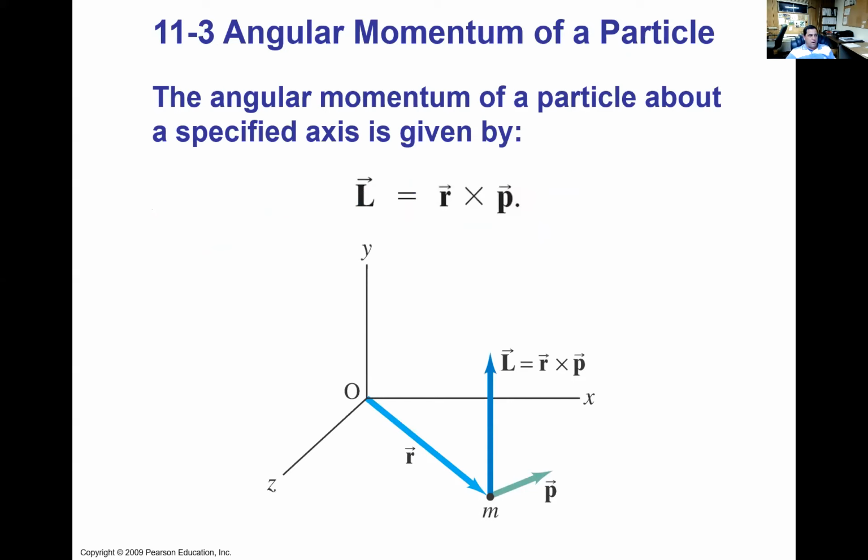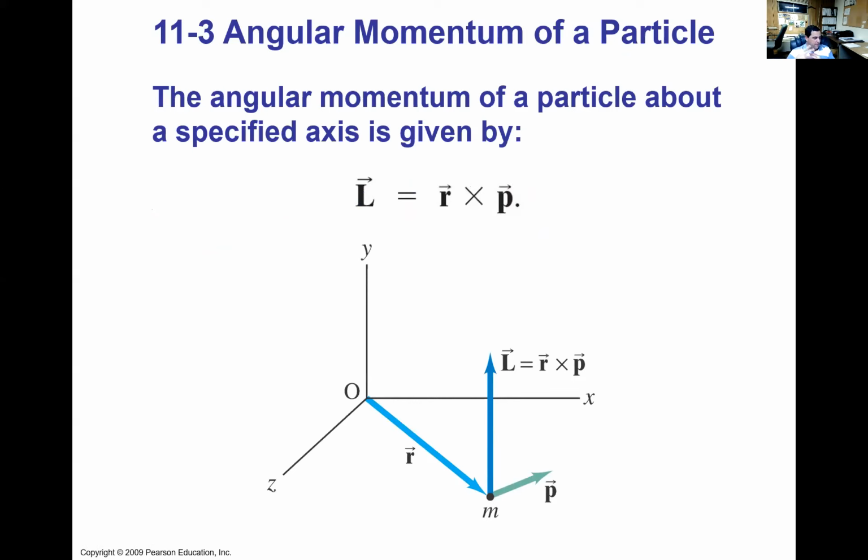Angular momentum of a particle about a specific axis is given by L, the angular momentum, R is some distance out from some origin point, and P is momentum, linear momentum.